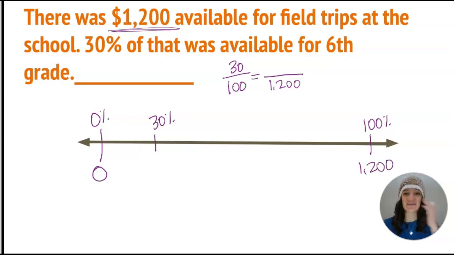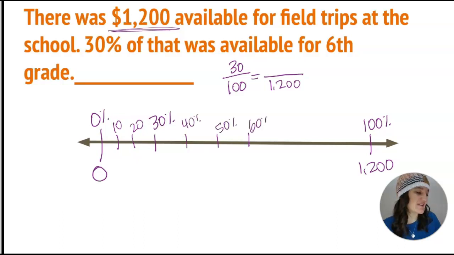It's the 30%, which we know we can count by tens, can't we? So 10, 20, 30, 40, 50, 60, 70, 80, and 90. And we just want to get to 30%, but we got to figure out what we're going to count by.